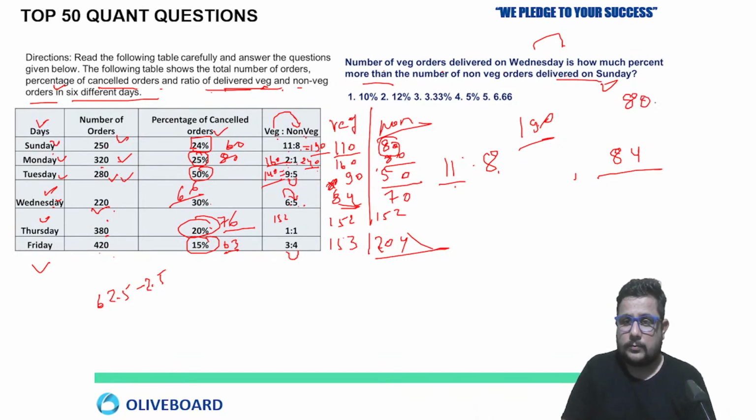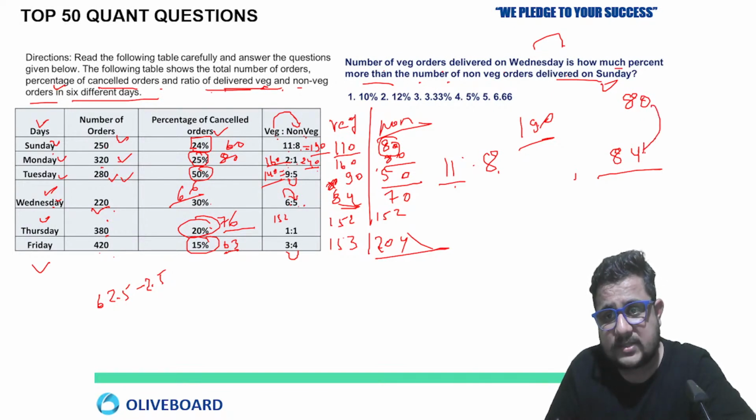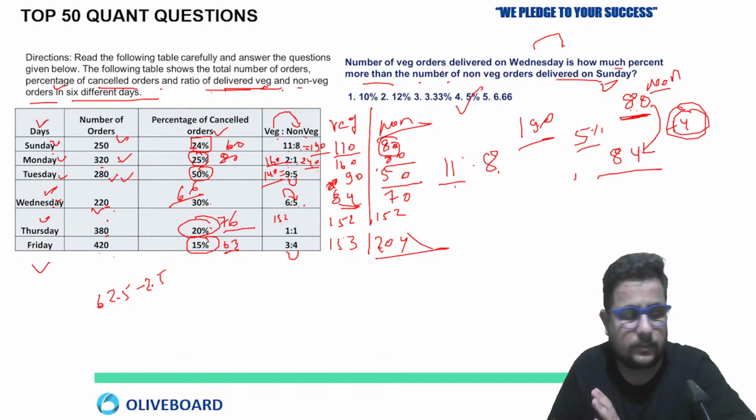The difference is 4. And 10% of 80 is going to be 8. Half of that is 4, so that means 5%. Clear?